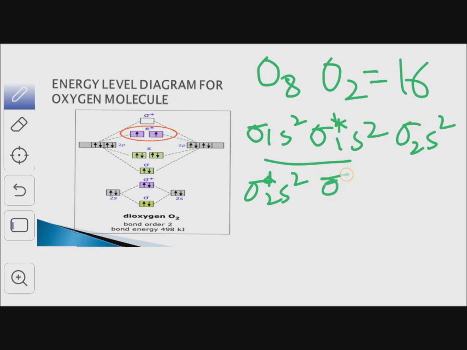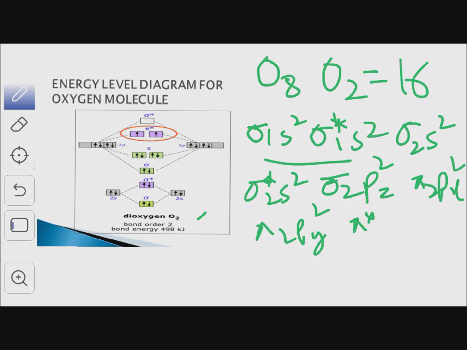Then sigma 2pz2, because it is the oxygen O2 molecule, pi 2px2 and pi 2py2. Pi star 2px1 and pi star 2py1.